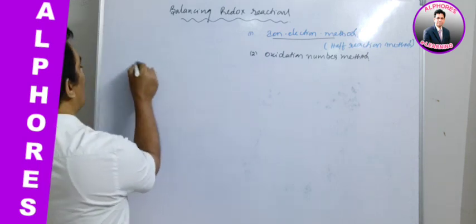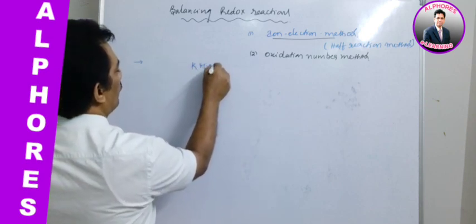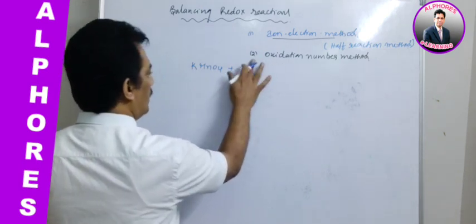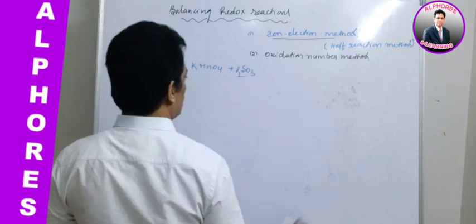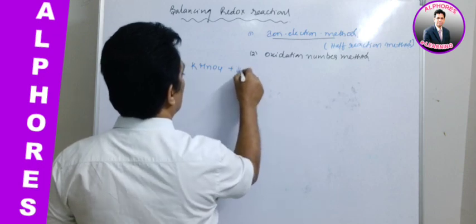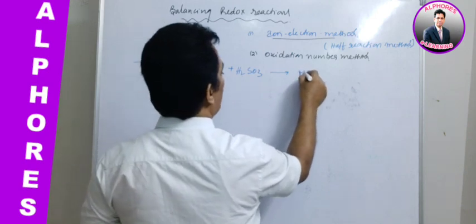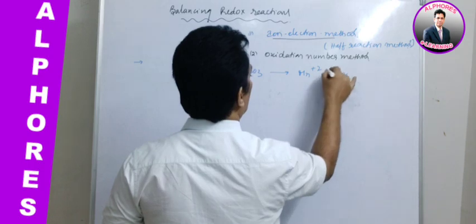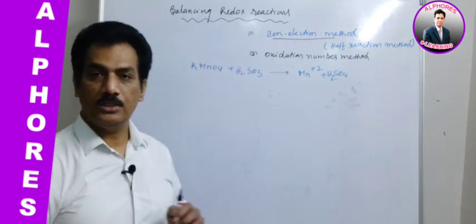It is asked to balance an equation: KMnO4 plus H2SO3 giving Mn2+ plus H2SO4. Okay, this is the equation.